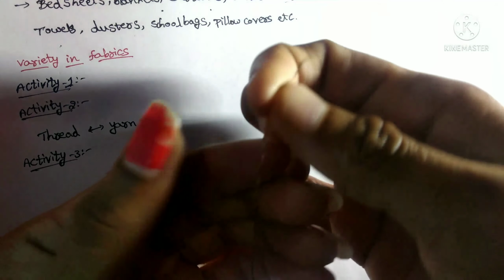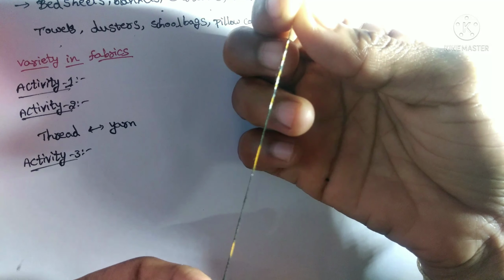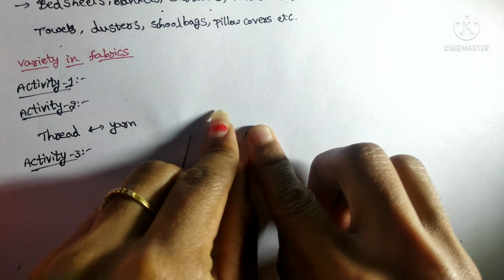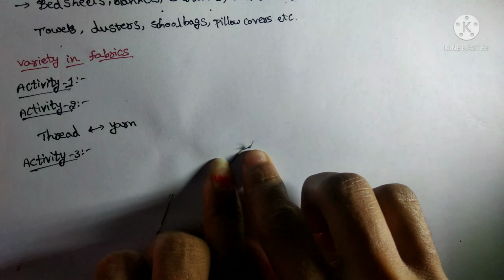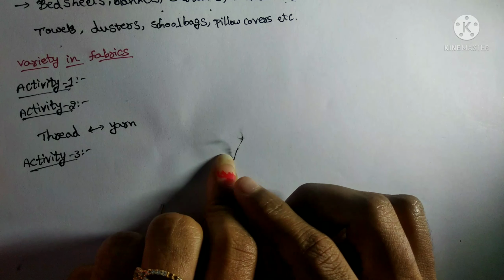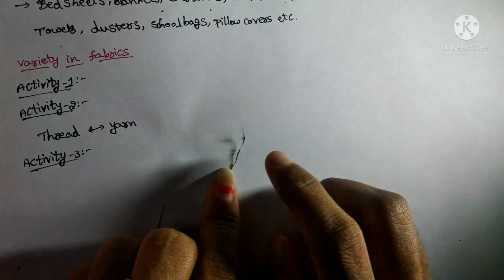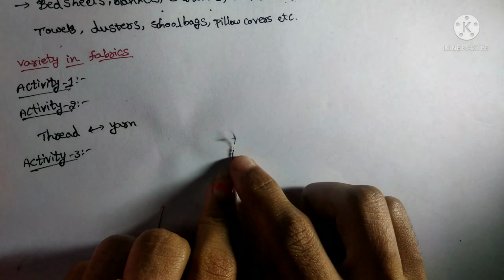So this thread or yarn is a single thin strand. The thinner strands that you can see in this thread are called fibers. I have already given this definition in the previous videos, and the links are in the description. Once, please go through those videos.